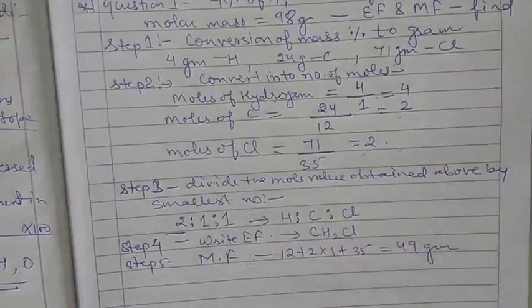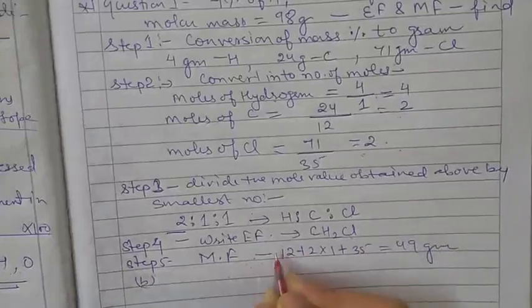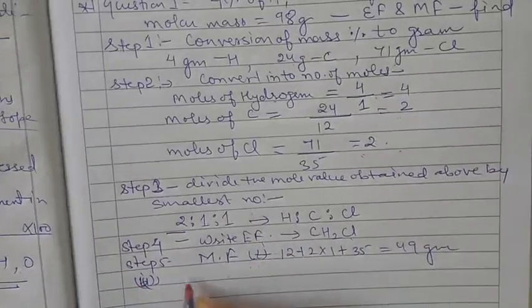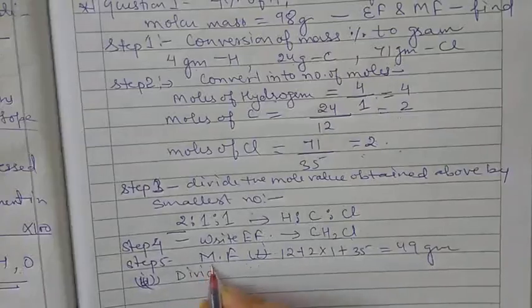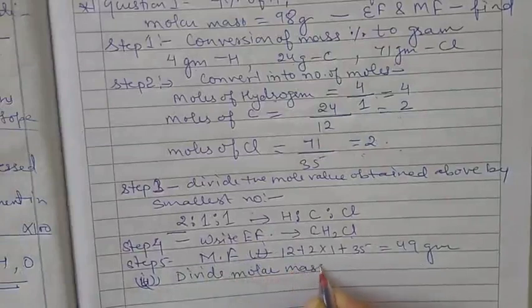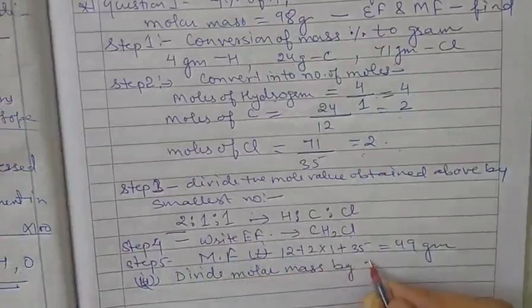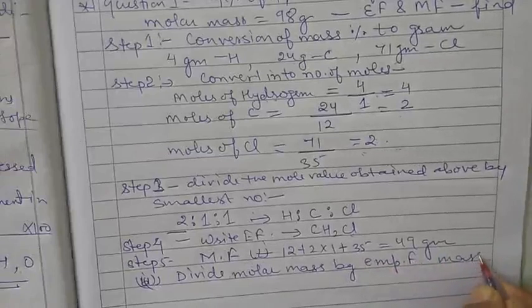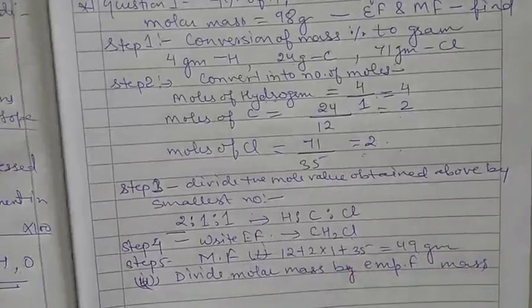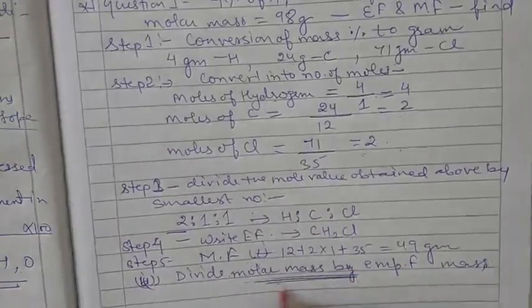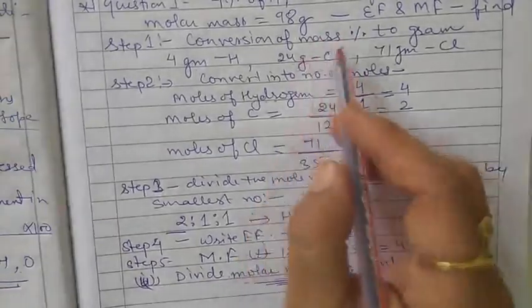Okay. Now the second step. This was the first step. The second step is to divide the molar mass by the empirical formula mass. So what is the molar mass? Molar mass is already given in the question. That is 98 gram.